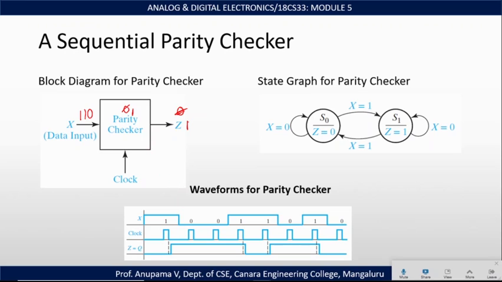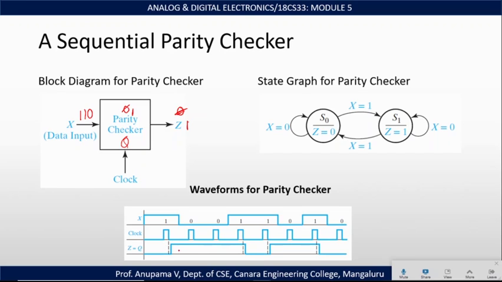Now, what is the waveform for the parity checker? So X is the input. See here, you have the clock as one more additional input and Z is the output. Z is equal to the current state of the parity checker. So when X is equal to 1, when the clock pulse is given to the circuit, the 1 is fed to the parity checker. So what is the parity bit value now?